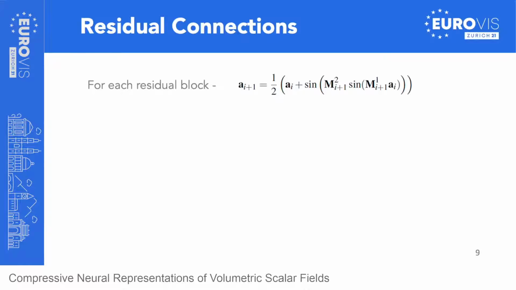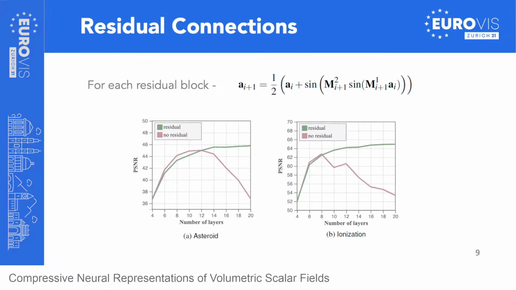Here, a_i represents a vector of activations from a previous block i, a_(i+1) is a vector of activations at the next block i plus 1, and W_(i+1) is a pair of learnable matrices associated with block i plus 1. We justify this design with the following plots. With residual connections, as the network depth increases, the training stabilizes and we obtain a boost in performance over non-residual connections.